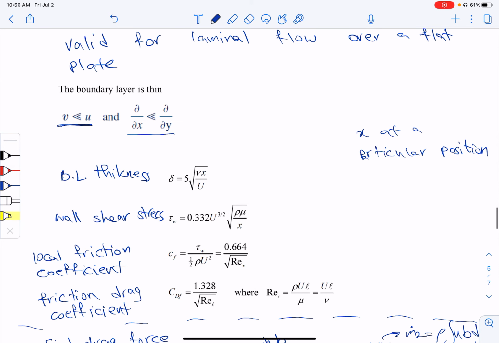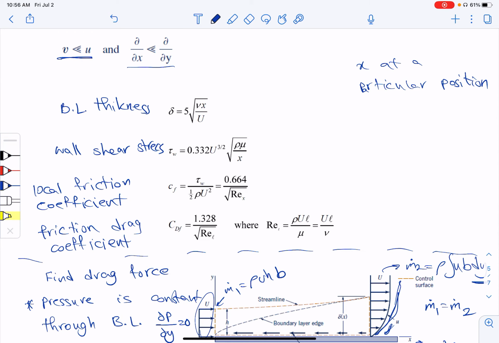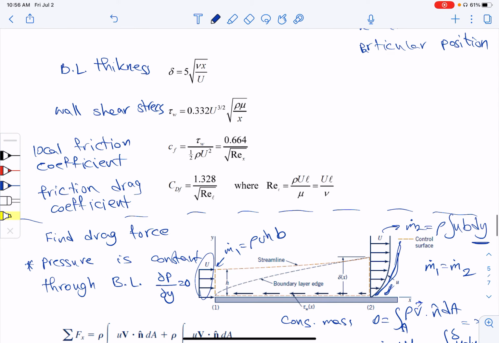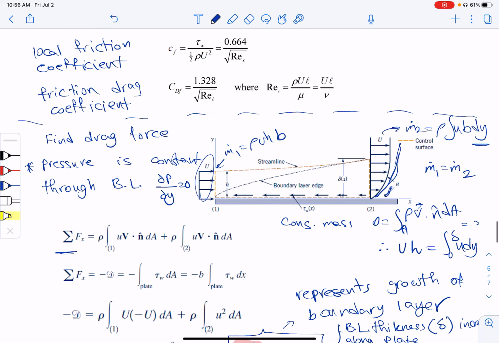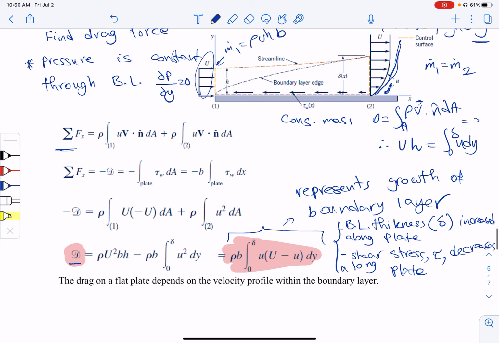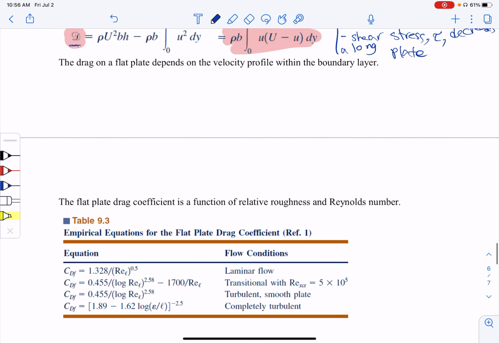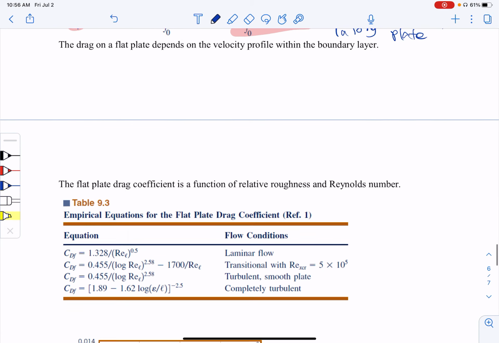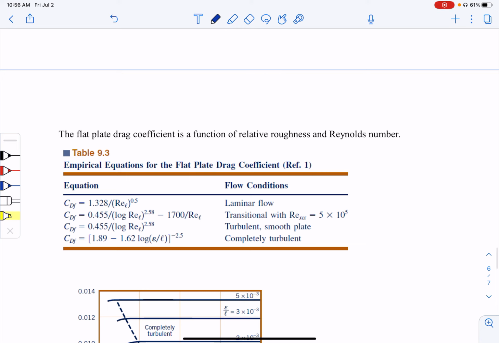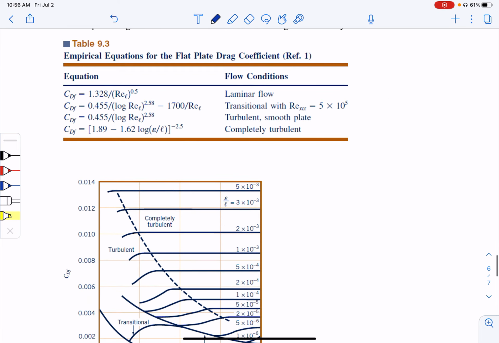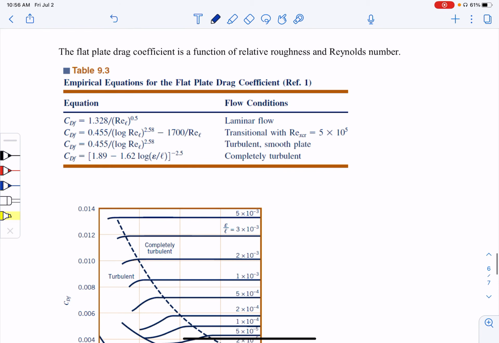But for the turbulent flow over a flat plate, there is no exact solution to characterize the turbulent boundary layer. So we are using some experimental equations that we find through experiments. So these are the empirical equations for the flat plate drag coefficient, right?